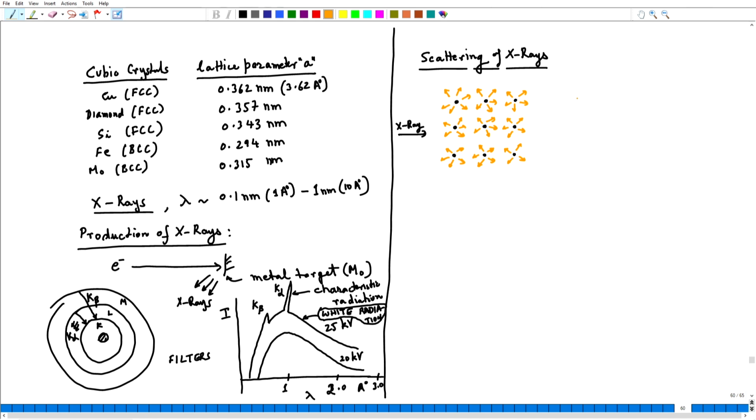So, I can write that atoms scatter X-rays in all directions in 3-dimensional space. Now, using these ideas, let us come to the famous Bragg equation, or also referred to as Bragg's law.